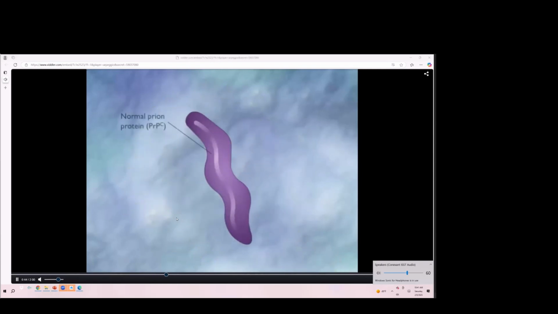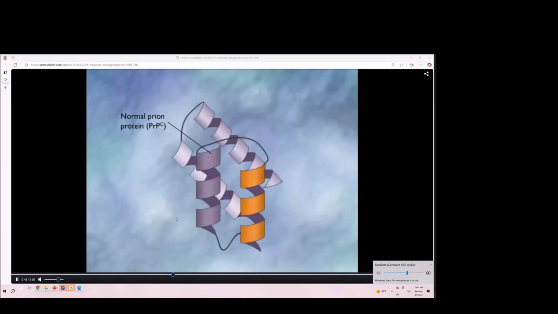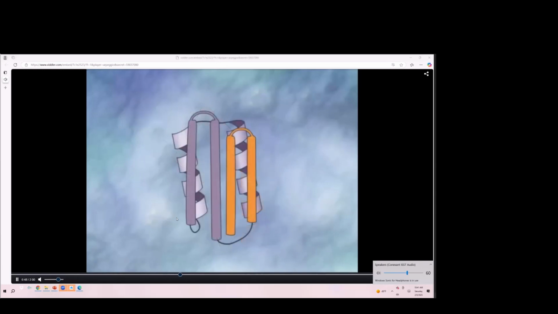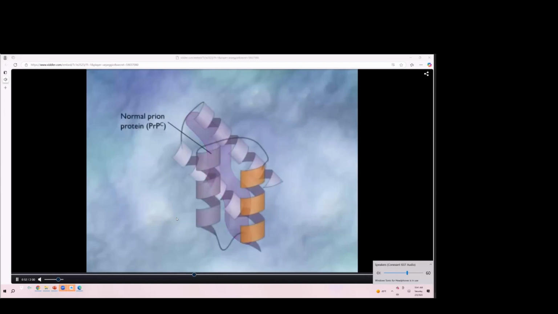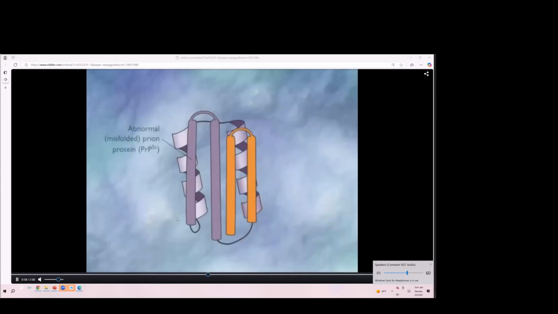This protein may be converted by the abnormal prion protein, PrPSc. The prion protein is called PrPSc, the Sc meaning that it is associated with scrapie. This protein may cause the normal protein to misfold and assume the shape of the prion protein. With time, the prion proteins aggregate to form clumps that can interfere with normal brain function.